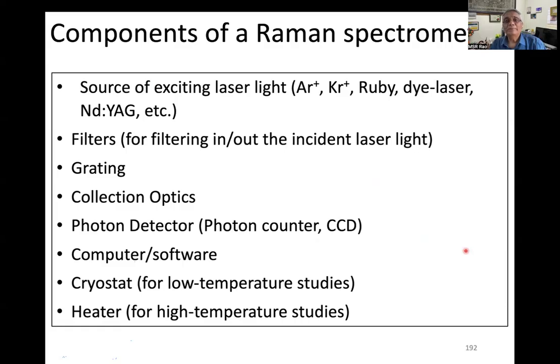So the components of a Raman spectrometer are a source of exciting laser light, excitation sources like argon, krypton, ruby laser, dye laser, Nd-arc laser. And then you have filters for filtering in and out the incident laser light.